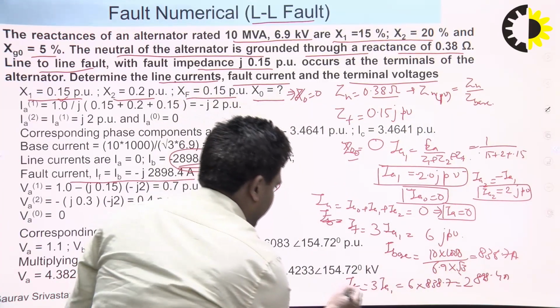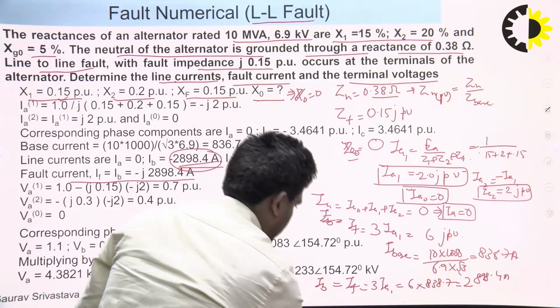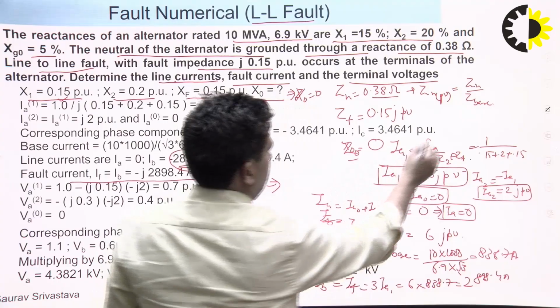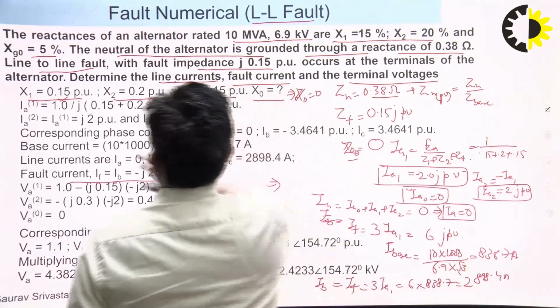So that means the fault current IB, you can directly calculate the IB here. How to calculate the IB? We just showed.